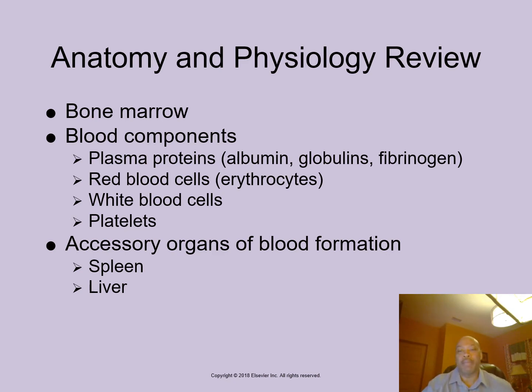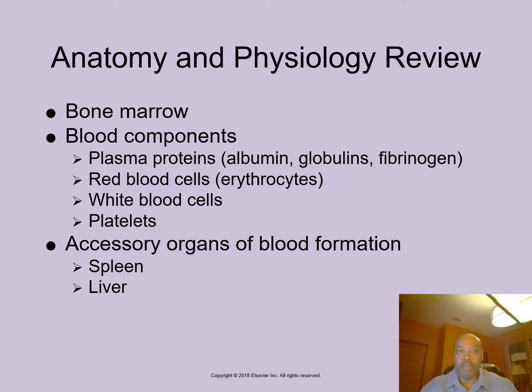Before they become any cell at all, they're basically immature. You don't know what they're going to turn into. So at the early stage, they're just immature, unspecified, or undifferentiated cells ready to become whatever the body needs.